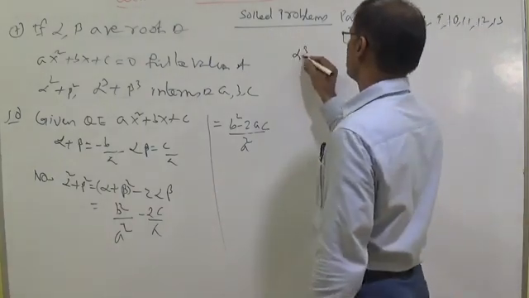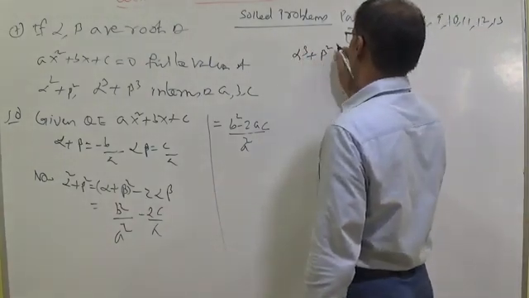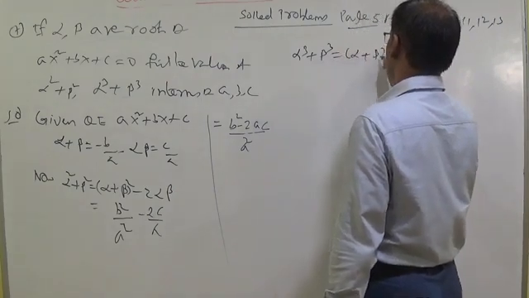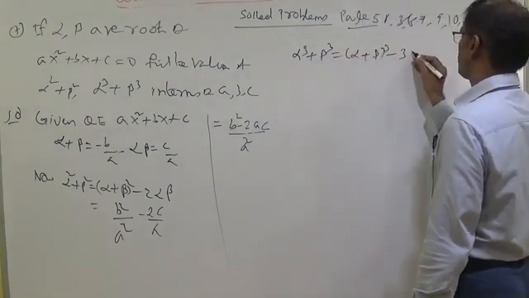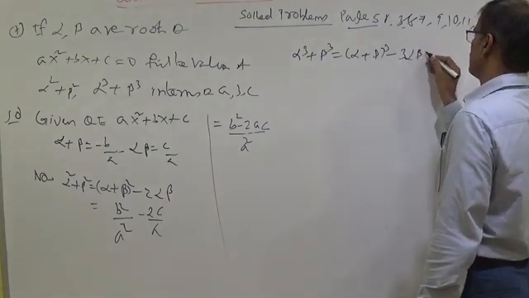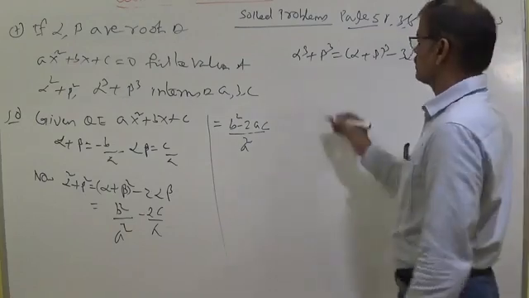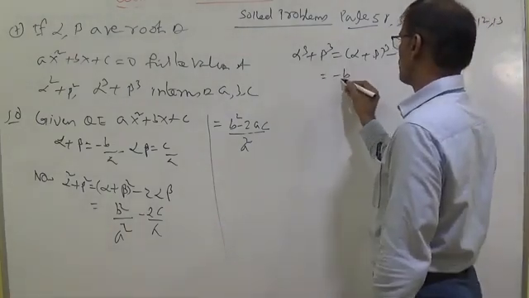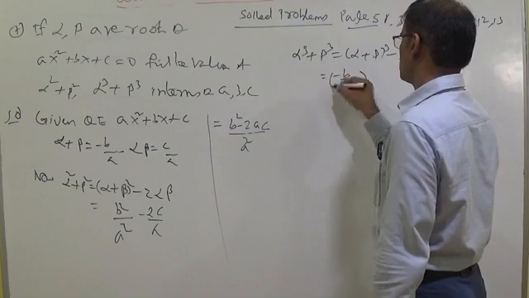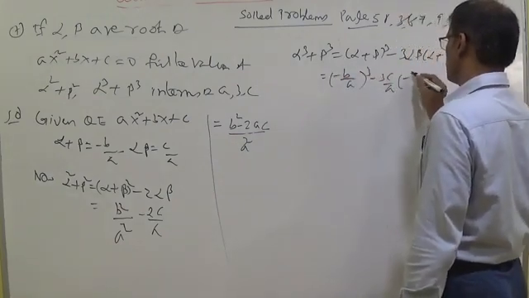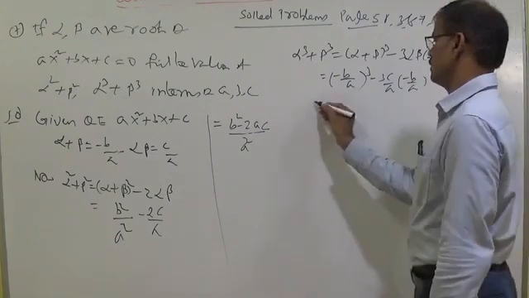And next, you should calculate the value of alpha cube plus beta cube. Depending upon the formula, (alpha plus beta) whole cube minus 3 alpha beta into (alpha plus beta), that is equal to, alpha plus beta meaning here minus b by a, whole cube, minus 3 into c by a into minus b by a.